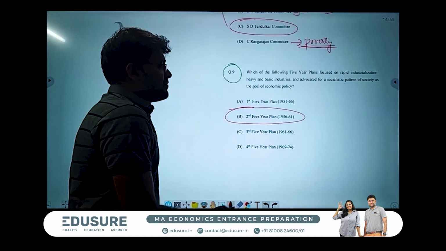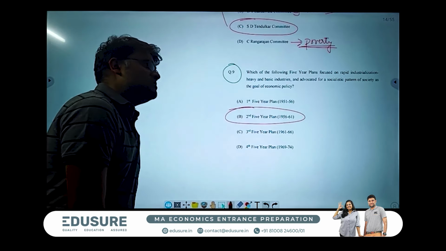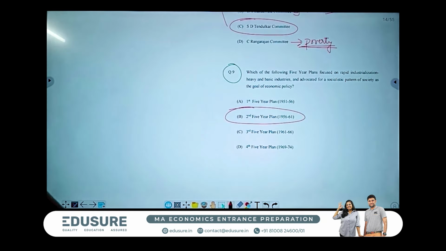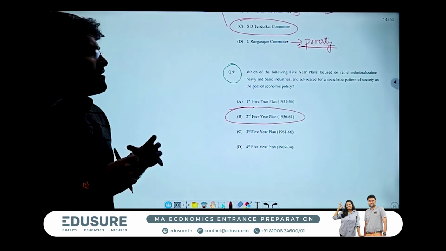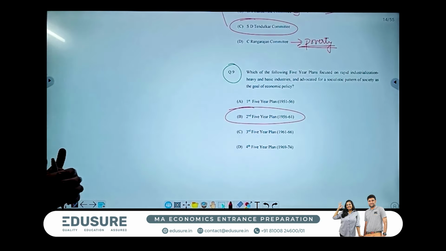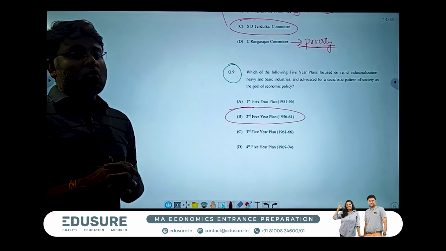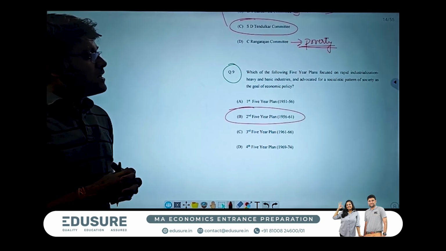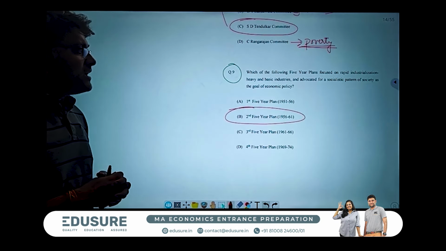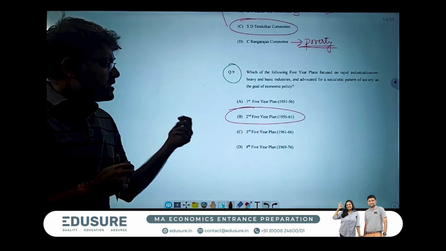Okay. First 5-year plan was basically setting up the economy of India right after independence. Okay. This heavy and basic industries and rapid industrialization was the key over a socialistic pattern of society. It really advocated for that in the second 5-year plan.